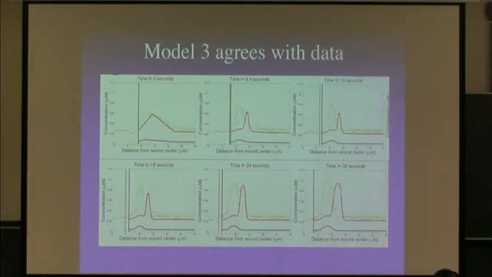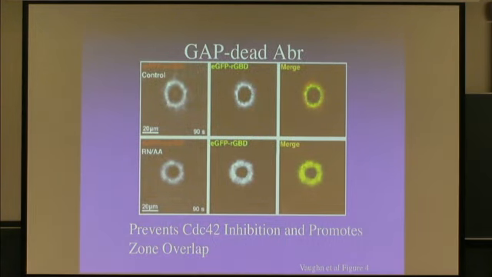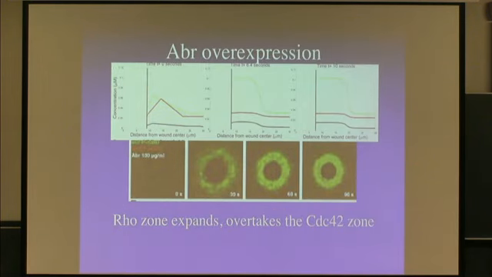Okay, so essentially that was our first work with Bill Bement. Now Bement also does all kinds of knockouts. He's able to suppress Rho, suppress ABR, and so forth. And so, of course, we challenged the model to see if we could account for these knockouts, and it turned out that it did pretty well. And again, I'm not going to spend a lot of detail here.